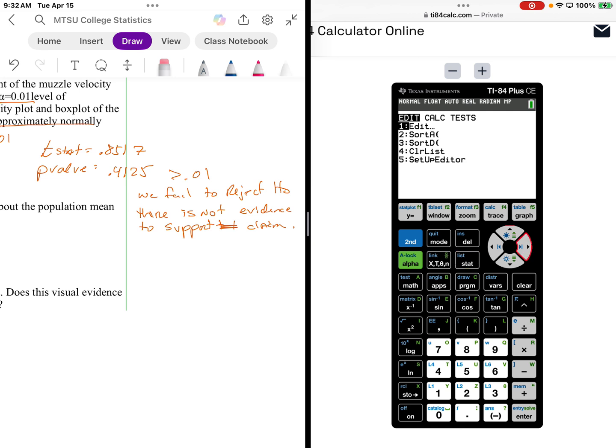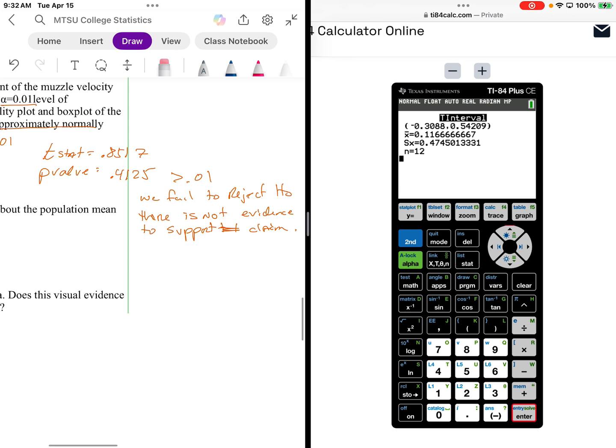So go over here, test down to TInterval. And again, I'm using data. My data is in L3, and I need to go through and do 0.99. Hit calculate. And my 99% confidence interval is negative 0.3088, comma, 0.54209.